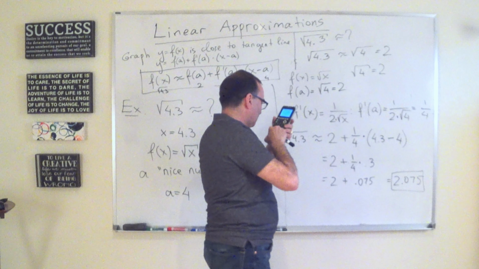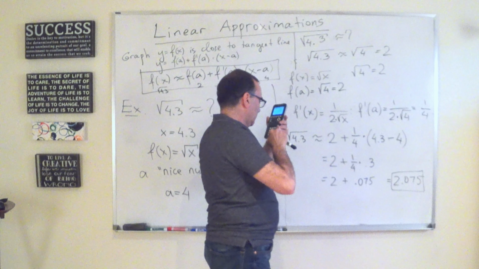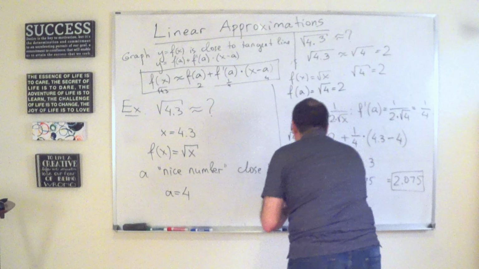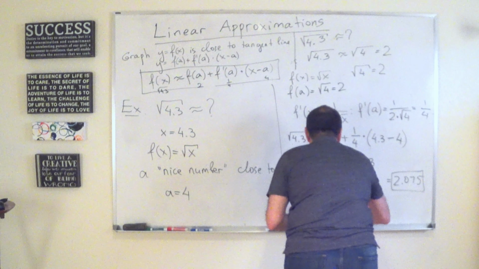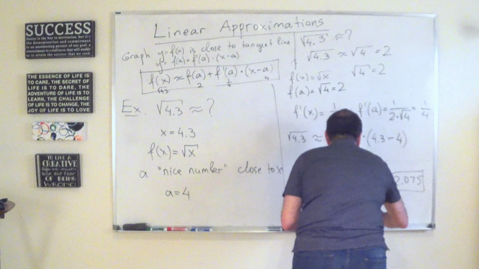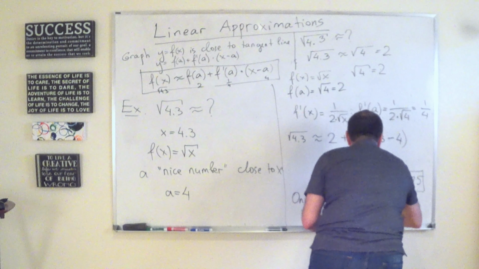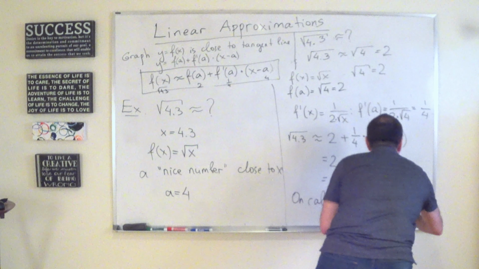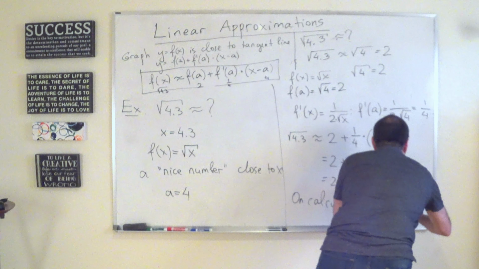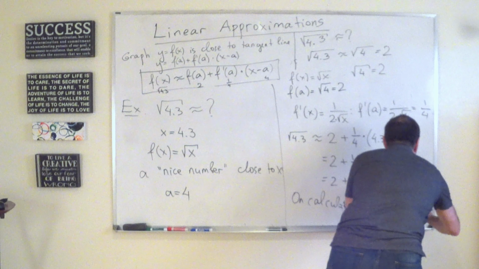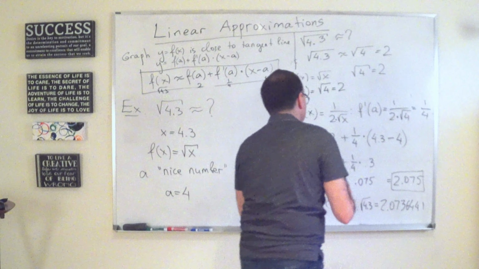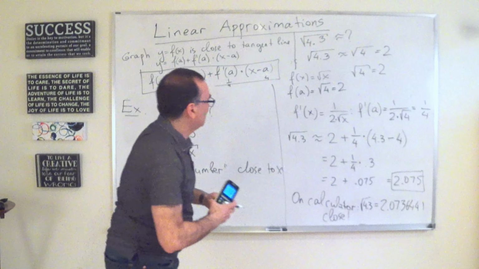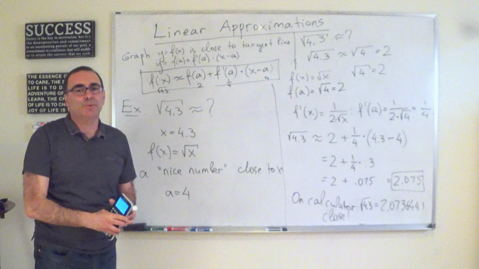On the calculator, square root of 4.3 is 2.0736441, which is pretty close. So once again, this method is called linear approximation.